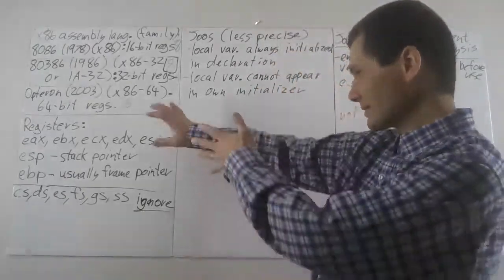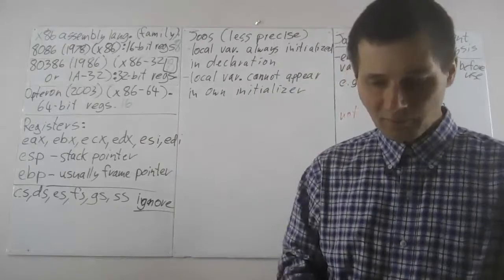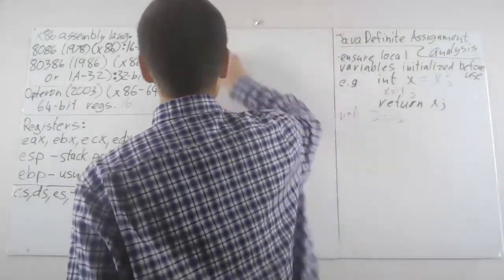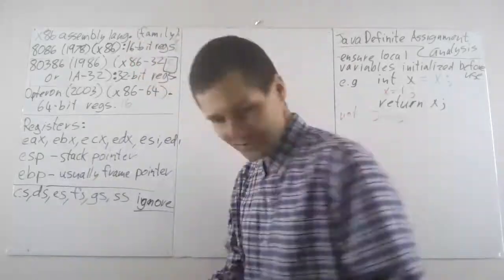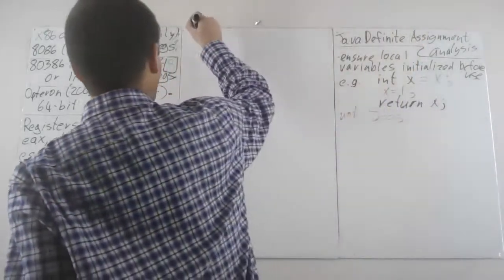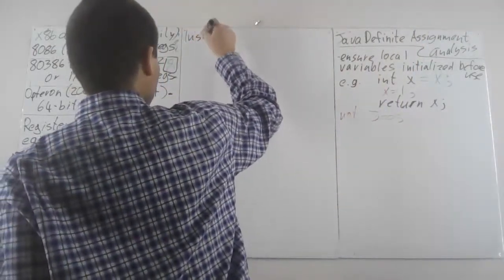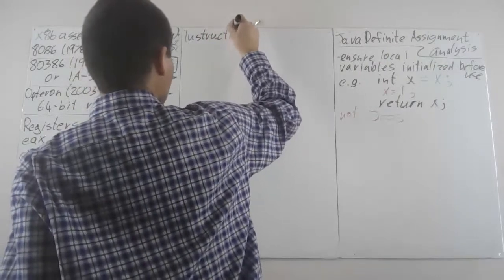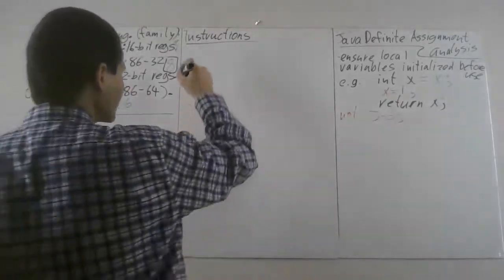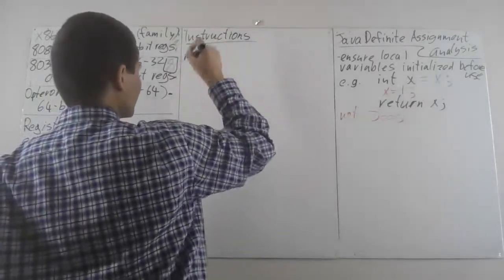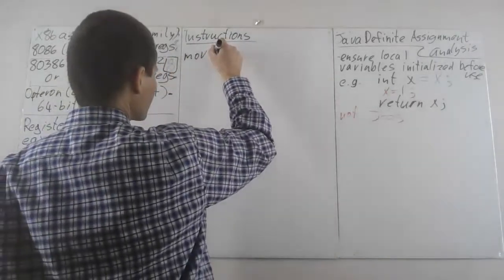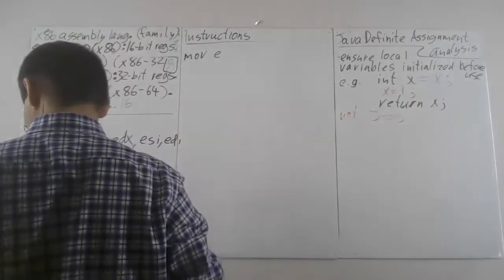Okay, so we've got our registers. What about instructions? Well, there's one instruction that does a ton of stuff. The most common and most useful instruction in x86 is mov, spelled without an E, because that saves a byte in the name.